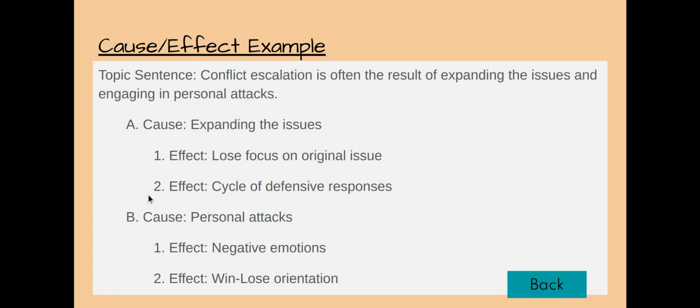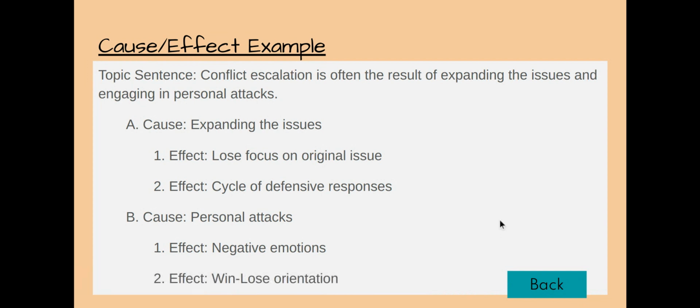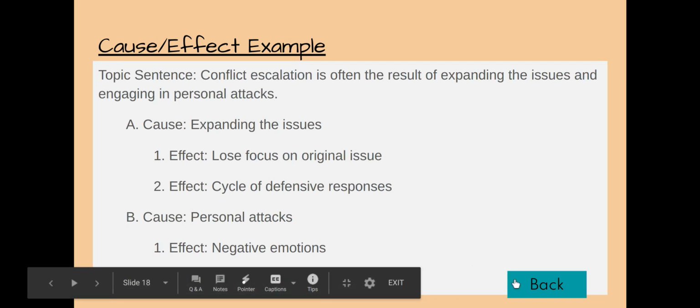And then we're going to talk about the next cause, personal attacks, and the 2 effects of personal attacks and how they create conflict escalation. So this one would be an example of the multiple causes and multiple effects. So the last example.